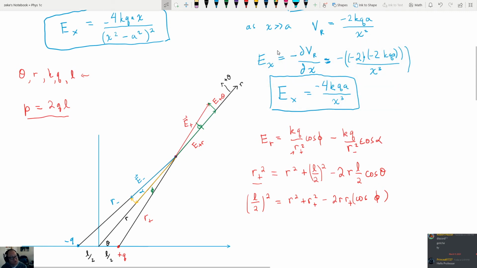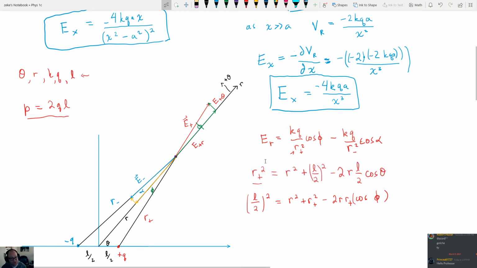So finding the potential is a little bit easier because you don't need to do this vector stuff, and I don't think you even need to know what these angles are because you don't need angles for the potential. So you would just say, okay, well, the potential at this point would be kq over r plus minus kq over r minus. Then you'd still have to write this out for what r plus and r minus are.